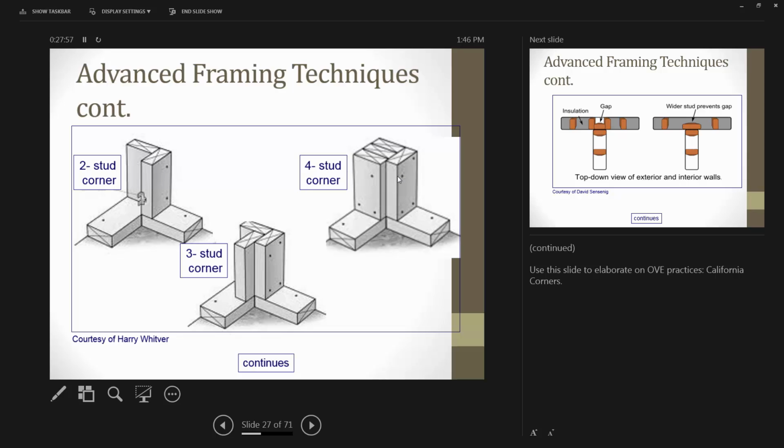And as you go into older homes, and again, if we start doing blower doors and thermal imagery, you can find this condition quite a bit, and you'll see how much heat loss is actually occurring in that. So with advanced framing, it moves on to 2-stud corners, California corners, and what it does, you've got less wood in the corner, so you've got less conductivity, and it allows you to get insulation in there.